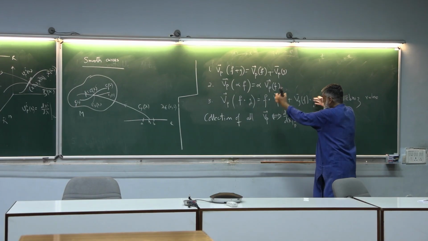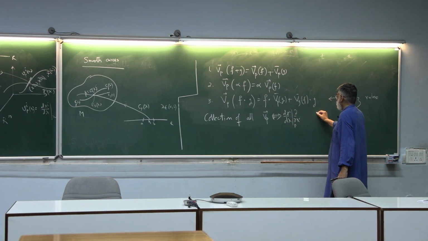So the collection of all such forms a vector space.